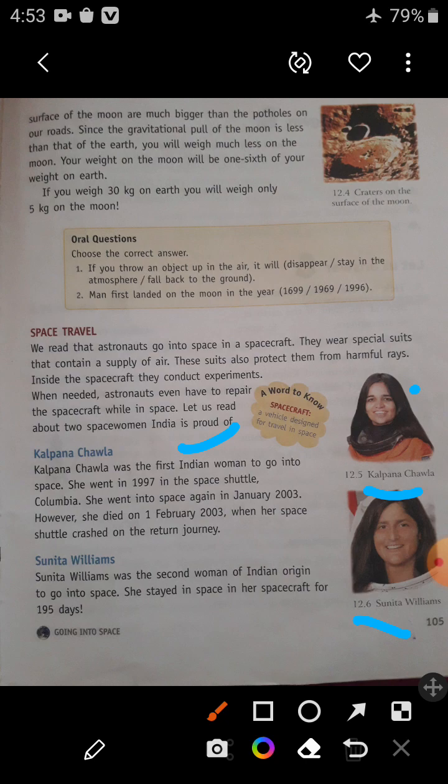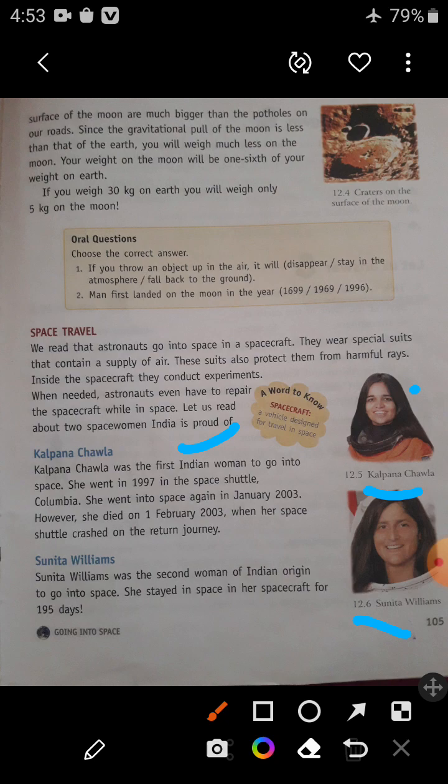So, students, Kalpana Chawla was the first Indian woman to go into space, and she went in 1997 in the space shuttle Columbia, and she went into space again in January 2003.